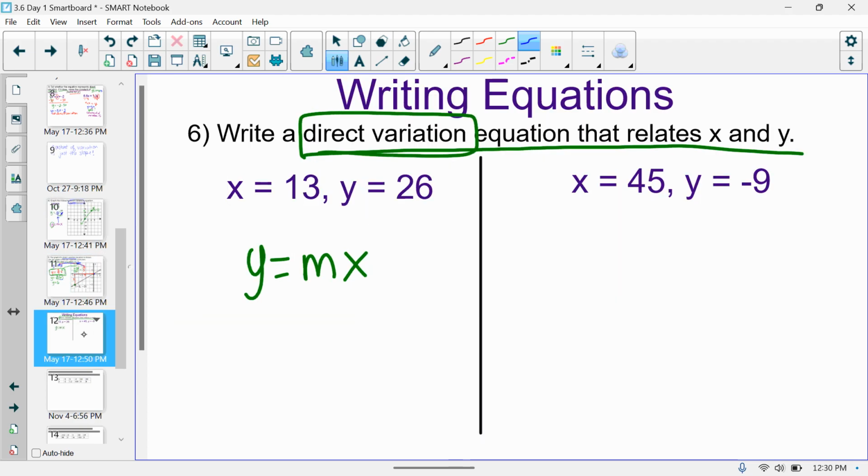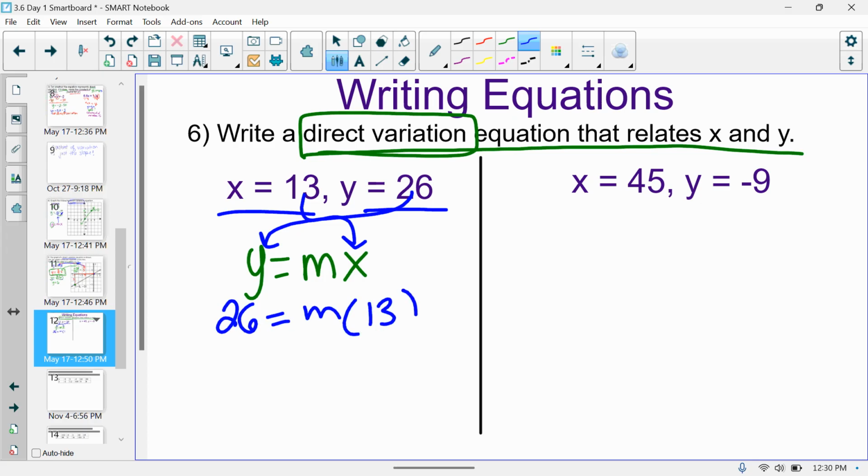Well, this is backwards, because this time we know x and y, but we don't know m. So what we're going to do is fill in 13 for x, and fill in 26 for y. So it's going to look something like this. Everybody with me that all I did was fill in 13 for x and 26 for y? We're all taking great notes right now.